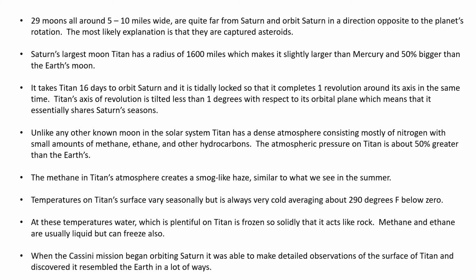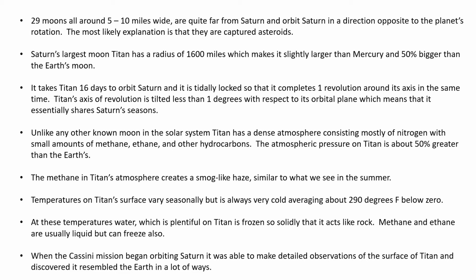It's caused by the gases that cars give out in their exhaust that get trapped in the air above the city, and they turn into this smog. The temperatures on Titan's surface vary a little bit depending on what season it is, but they're always very cold. They average about 290 degrees Fahrenheit below zero.